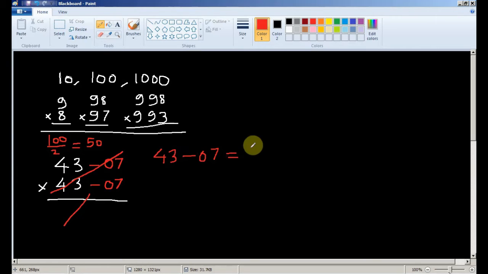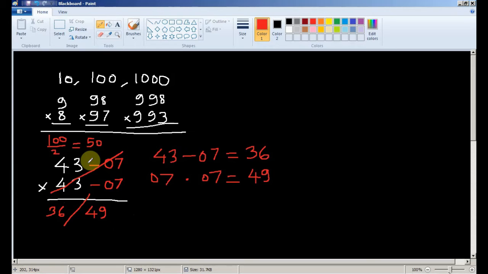This will give me 36. And vertical multiplication of 07 into 07 will give me 49. So simply write down this number 36, and here you write 49.